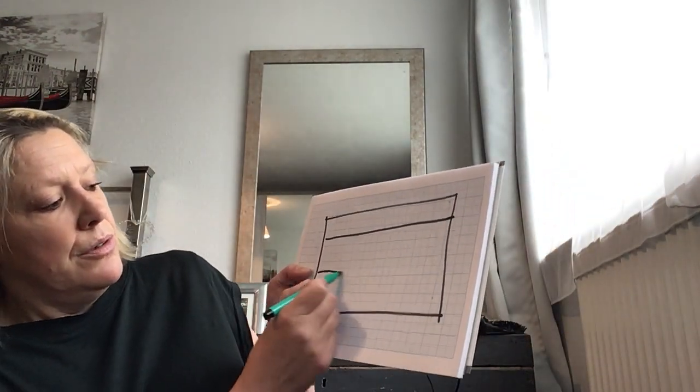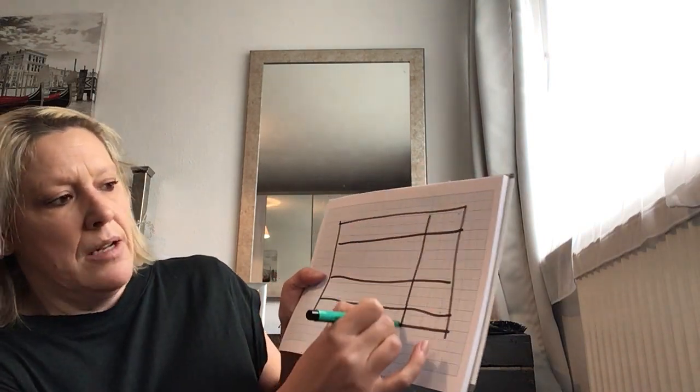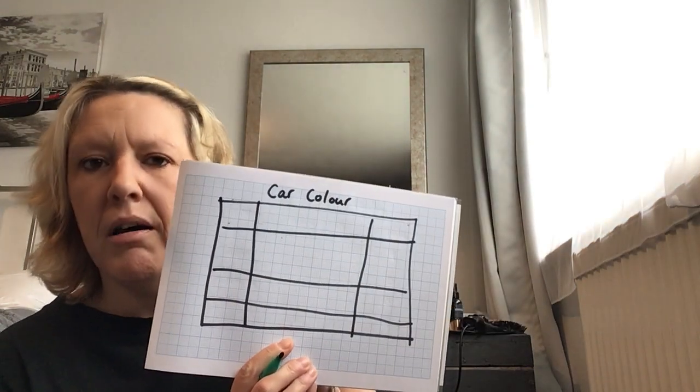Now, one other one that you could do while you're at home, I'm just going to very quickly draw a table like that, and I'm going to draw some lines across. I've got 4 sections and I need my total section, and I'm going to write at the top car colour.